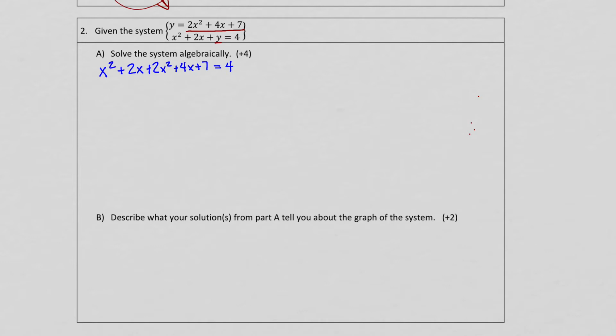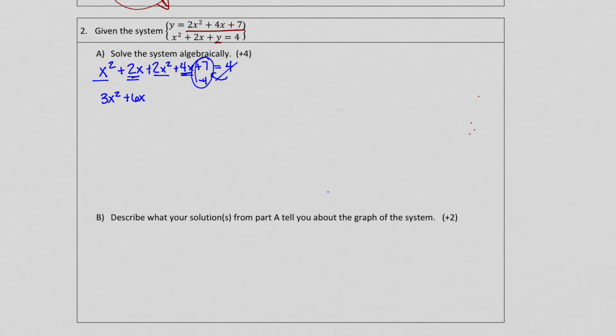So we have a lot of like terms. I'm going to move this 4 to the other side by subtracting 4, and then collect all my like terms and see what we have. I have an x squared and 2x squared, so that makes 3x squared. I have a 2x and a 4x, so that makes 6x. And then here were the like terms.